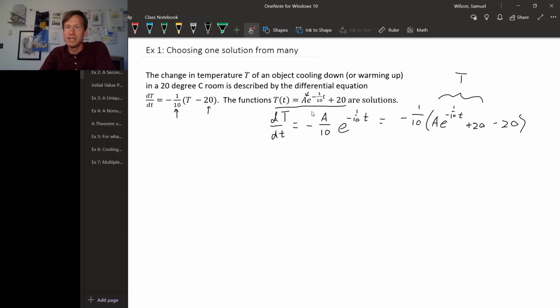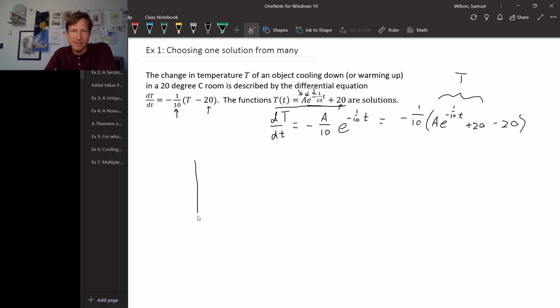Capital T. If you look at them, they're all exponentials with exponential decay because the exponent is negative here. So we have a decaying exponential that's then stretched by some amount because of this capital A that could be any constant, and possibly flipped vertically as well if capital A happens to be negative. And then it's shifted up 20 because of that plus 20.